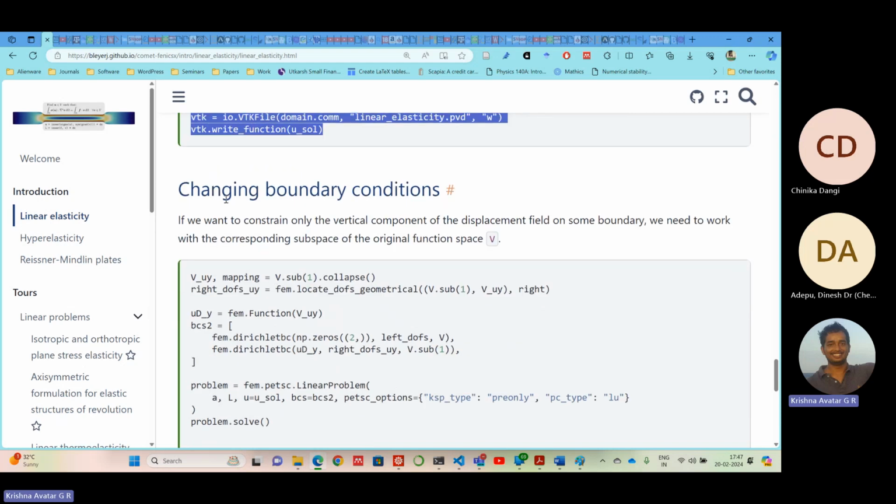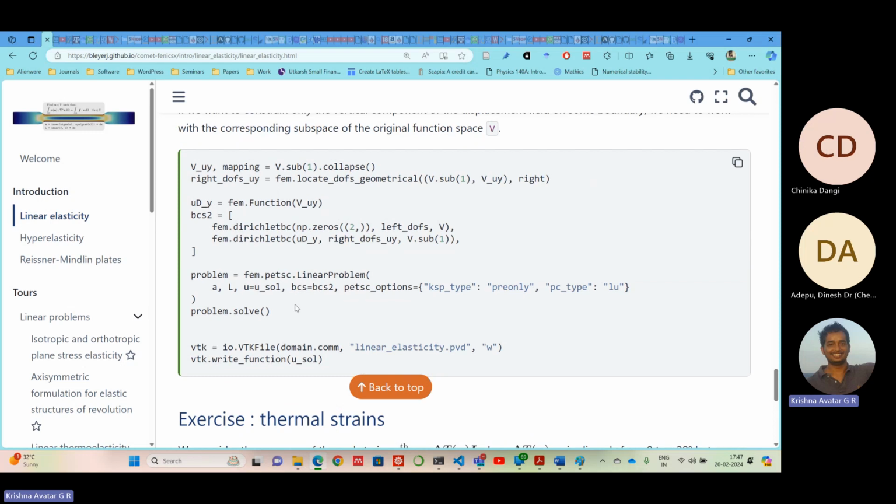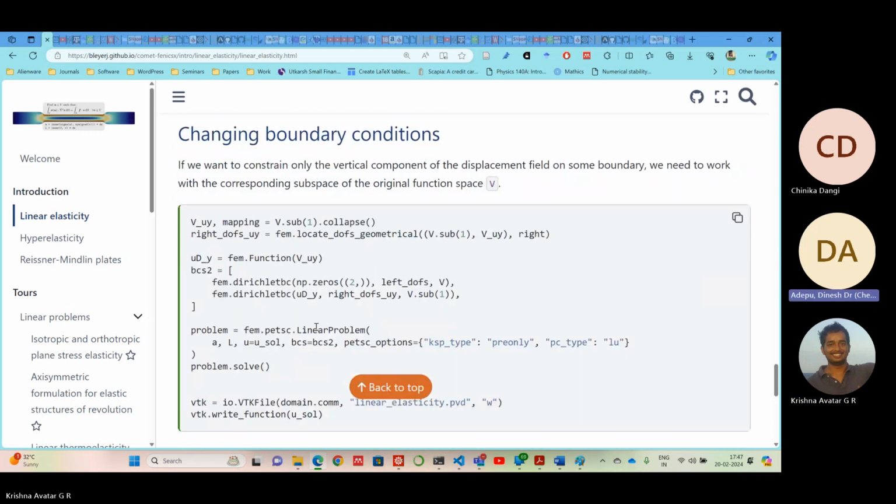And this is a little bit complicated part, so we'll just leave it. We'll discuss it in another class, about how we can also constrain certain components. So we can constrain, say, the x component to be 0, but the y component is unknown. So we can do that also. It is like a support beam. Exactly. It means that on one side we are prescribing a roller.